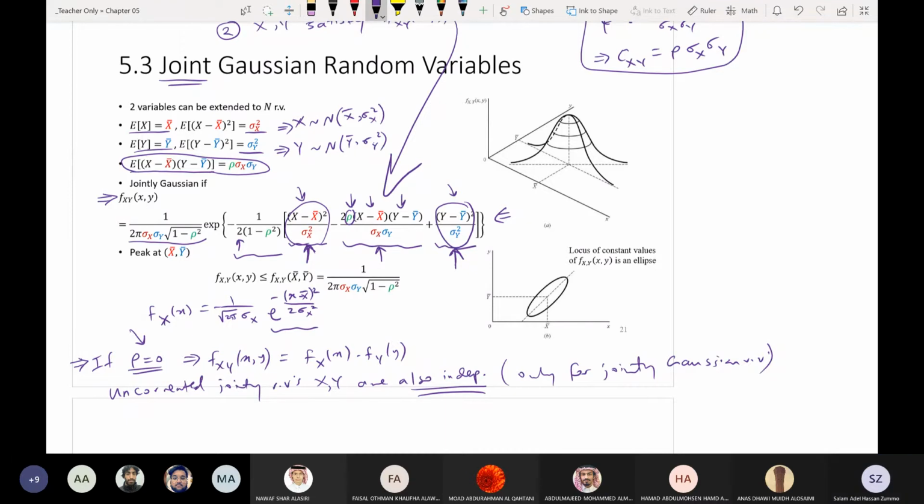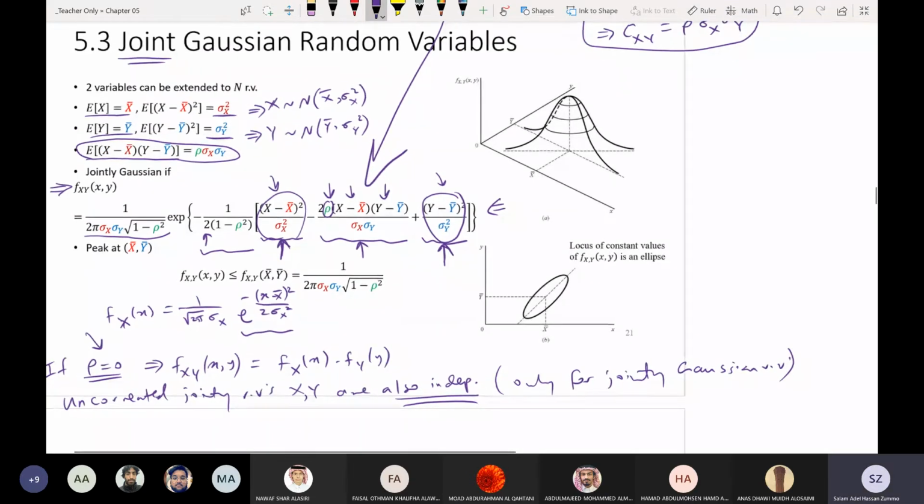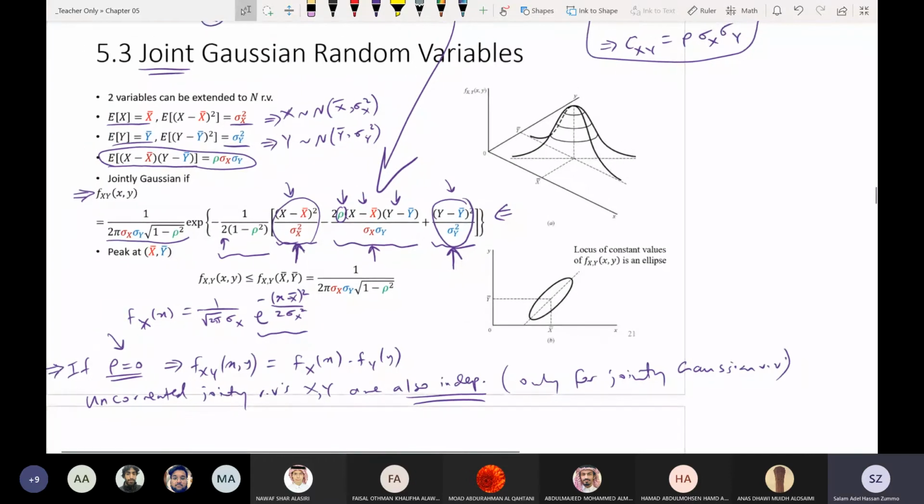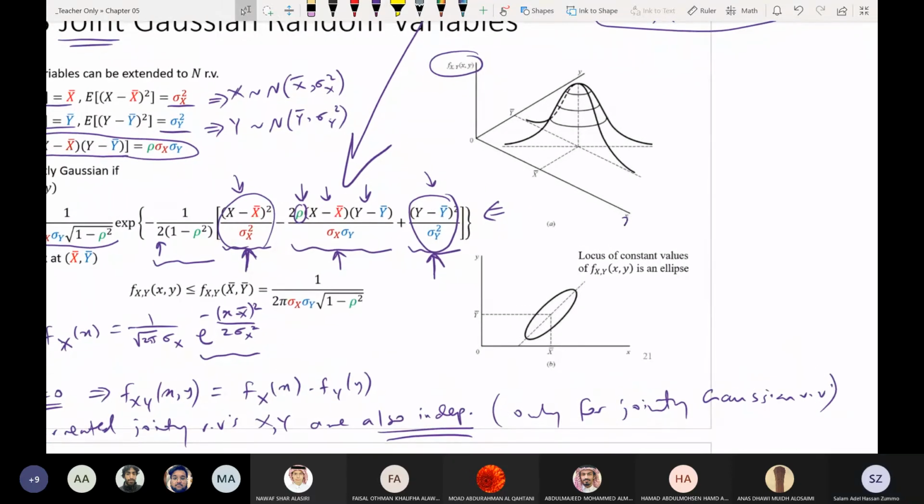Okay. Any question about this concept? Now we will talk about what the PDF looks like. Let's see the PDF. How does it look like? So this is the joint PDF. In the x-axis, it looks like Gaussian.